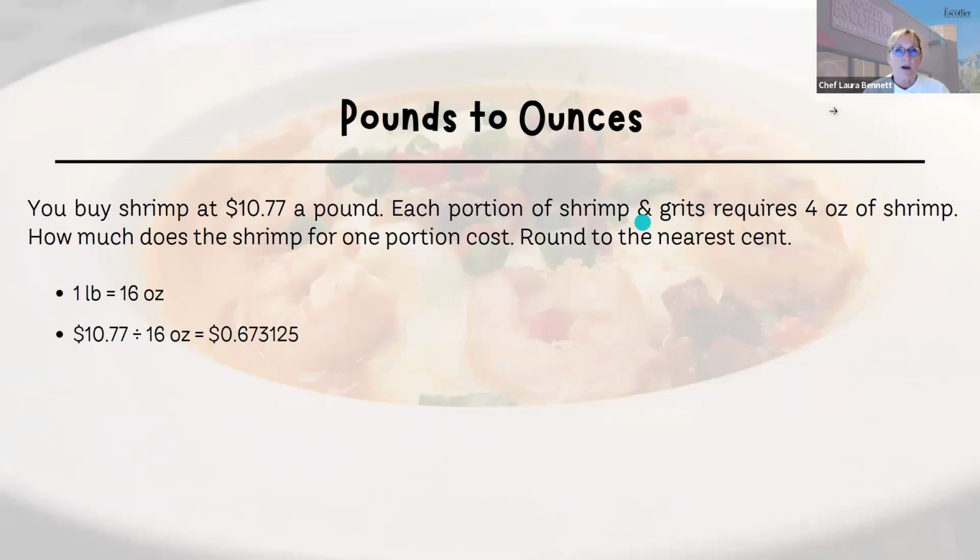We are not going to round yet. If we round too soon, our answer is going to be completely off. We're going to take that cost per unit and multiply it by the amount we need for that one portion, and it's going to give us our total cost. And now we're going to round it to the nearest cent, which is going to be $2.69.